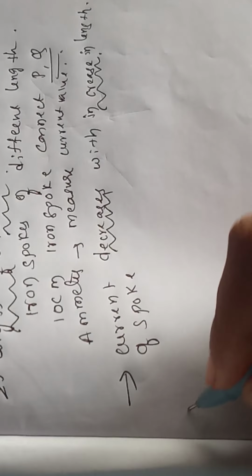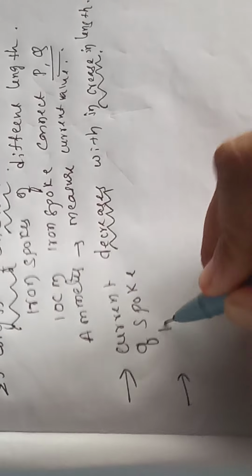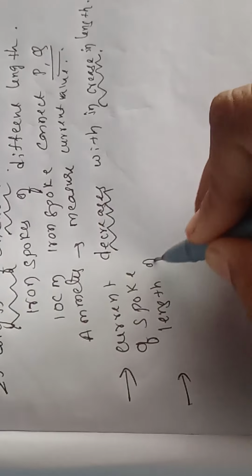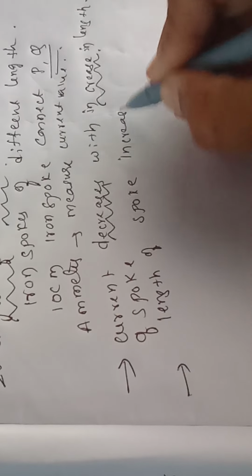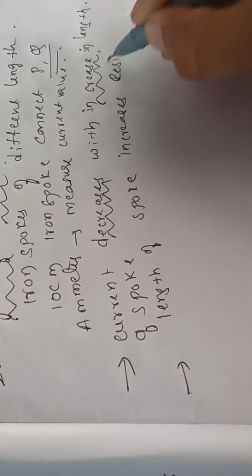Current is decreasing with increase in length of spoke. So current is decreasing with increase in length means as length is increasing, the resistance is increasing, no? It directly says that as length of spoke increases, the resistance increases.